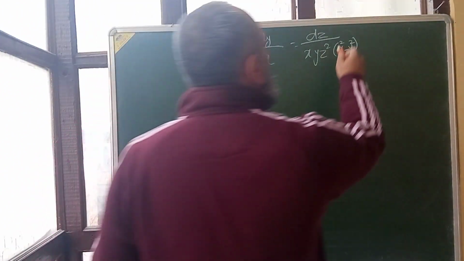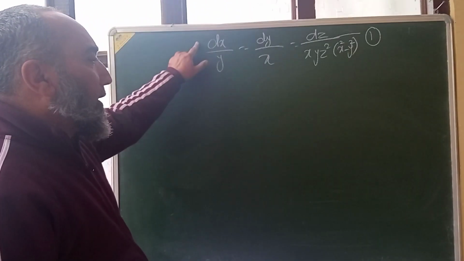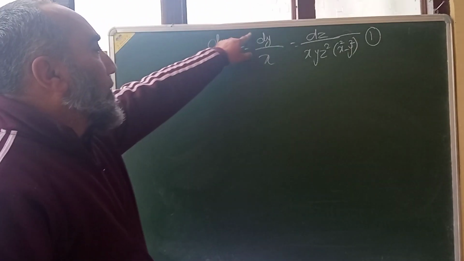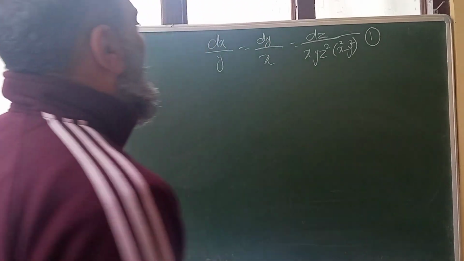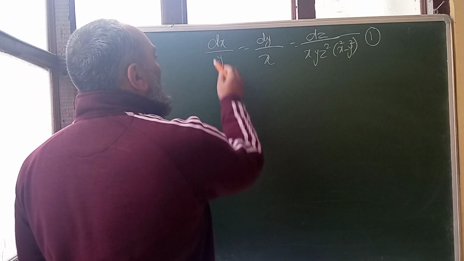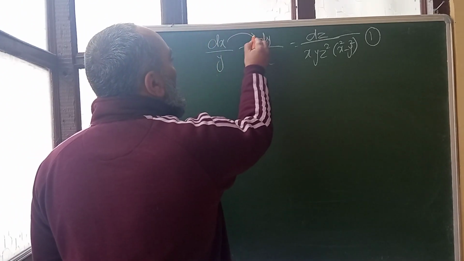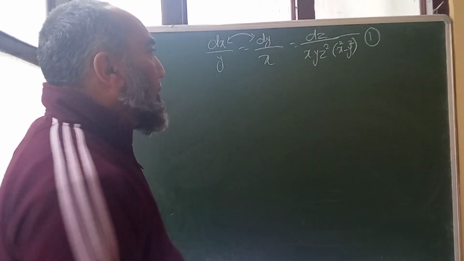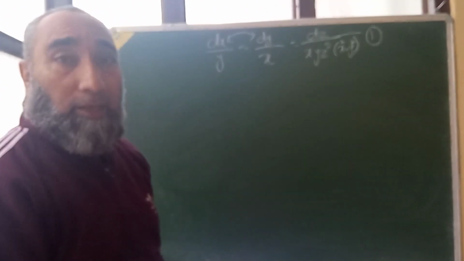Okay, this is one. So this is dx upon p, dy by q, dz by r. Now choosing first and second fraction together, I can have a solution, but no solution is possible by taking second and third or first and third. Okay, this is rule second.